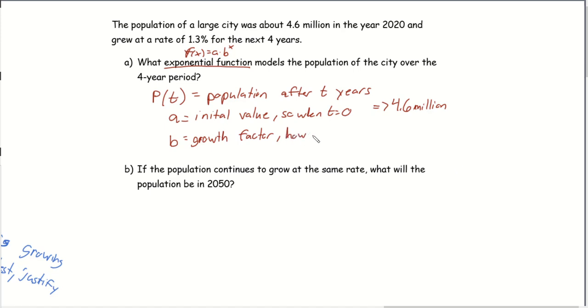So how much are we increasing each time? Yes. For all of our growth factors, it's 1 plus our rate, which is a decimal. So how do I write 1.3% as a decimal?